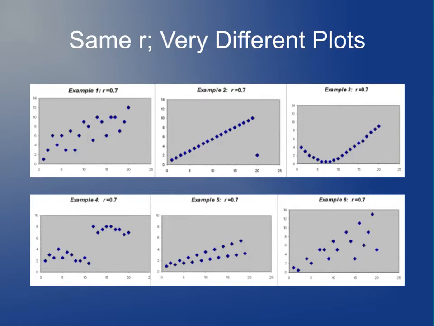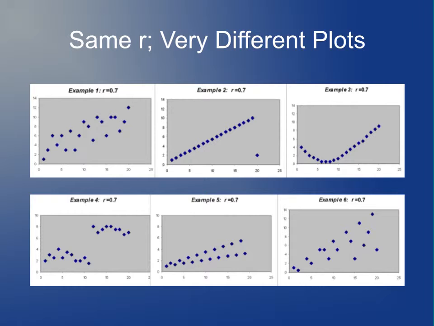And just to illustrate that R doesn't perfectly describe the association between x and y, here are several plots that have an R of 0.7, even though they look quite different from one another. The first example is a roughly linear association with a bit of noise. The second example is a perfect linear association, but one outlier reduces the value of R from 1 to 0.7.